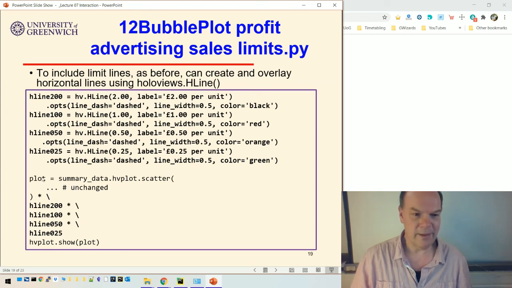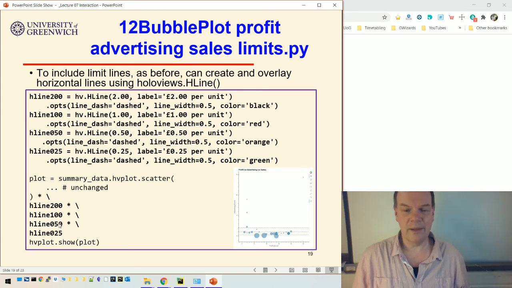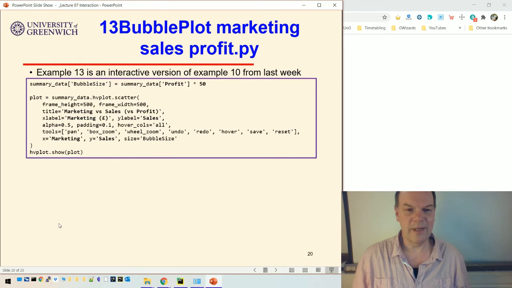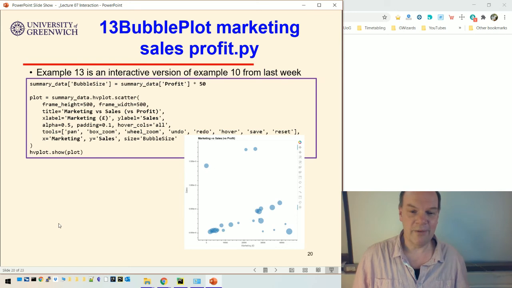One is the bubble plot, and the other 4 lines are the other 4 plots. So I compose them all one on top of each other and then show them. And there it is. I don't think that's a particularly helpful example, actually. I think a better one is the marketing sales profit one, which gave us a chart like that. We've seen this several times before.